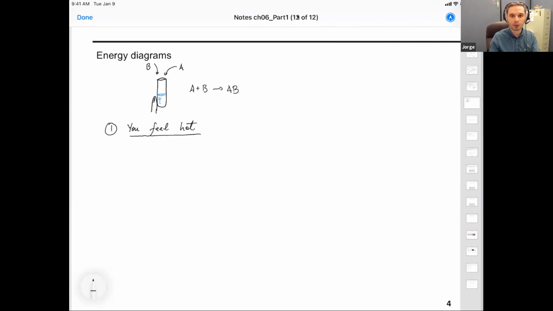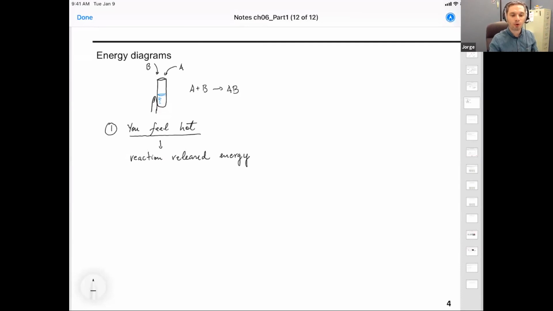If the test tube got hot, that means the reaction released energy. Okay, when I mixed A with B to form AB, energy was released to the outside, and that heated up the test tube. And that's why you felt hot.